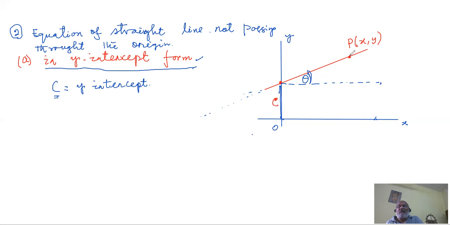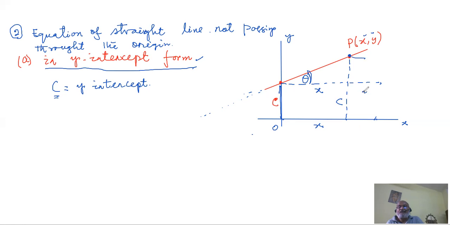We take a point as usual, a point on the line, having coordinates x and y. If I show the x and y coordinates, this is x coordinate. If this is x, that distance also is x. We know this is C, so that distance is C, but the whole distance is the y coordinate.